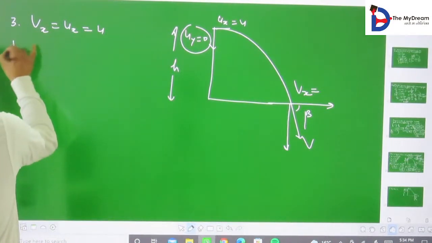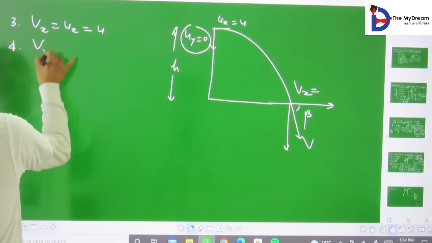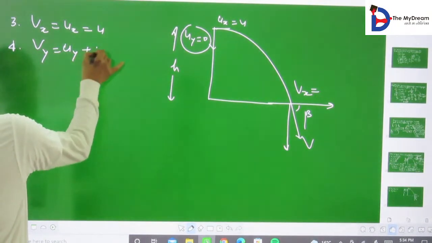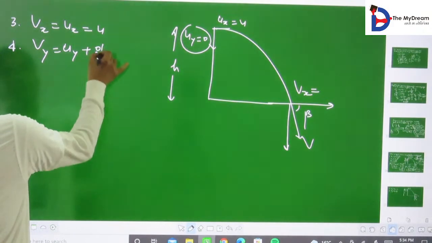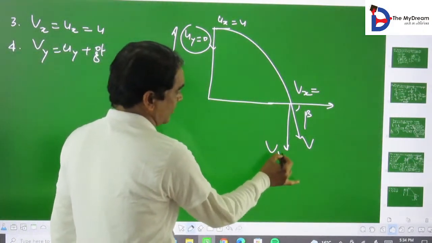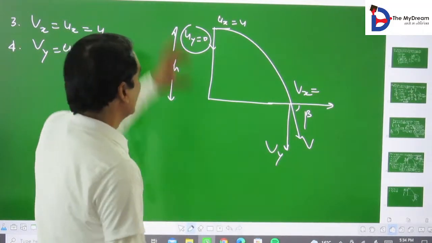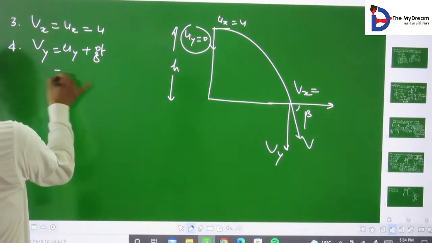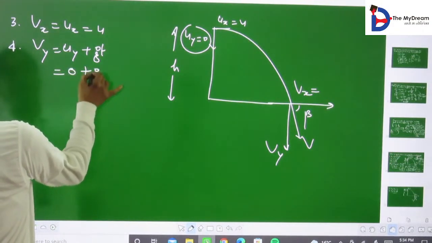Fourth, Vy is equal to Uy plus gt. This is the final velocity on the vertical component. This is the initial velocity on the vertical component. And the initial velocity on the vertical component is given by 0.